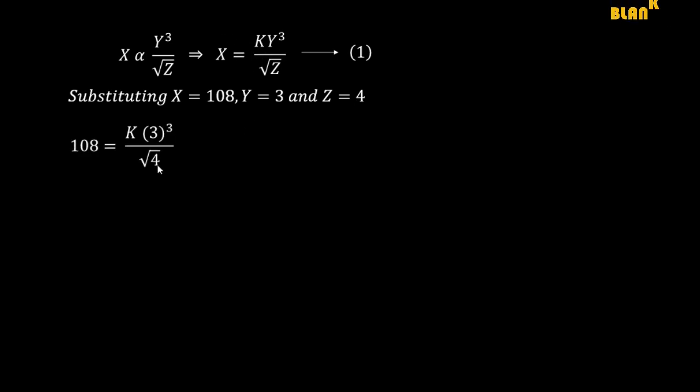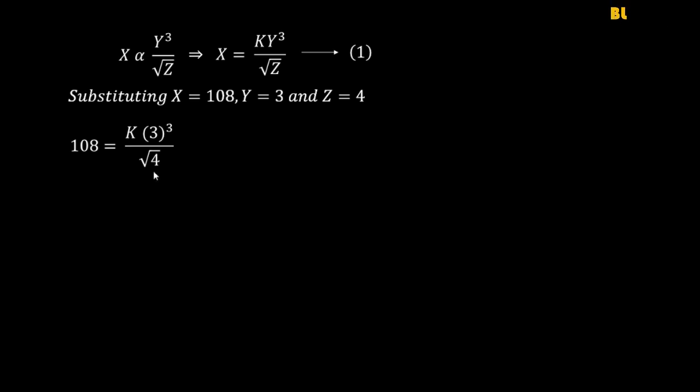So we have 108, which is x, equals k multiplying 3 cube, y cube, over the square root of 4, the square root of z. So 108 equals k multiplying 3 cube over the square root of 4.